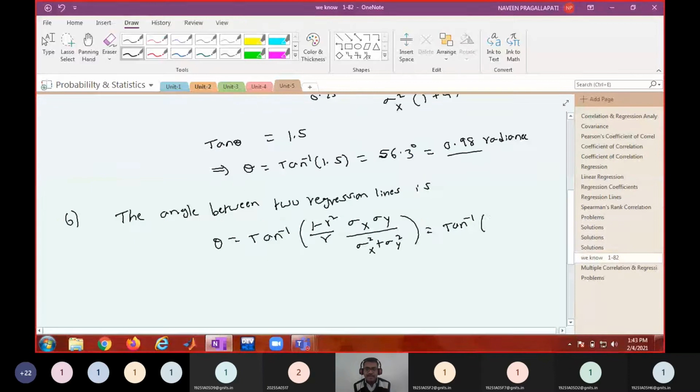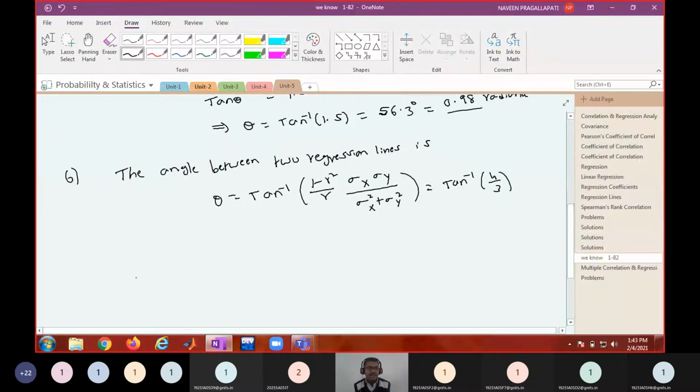Now it is given that sigma x equal to sigma y equal to sigma. Therefore, theta equals tan inverse of (1 minus r square by r) into, I can replace both sigma x and sigma y with sigma, so sigma square by 2 sigma square, or sigma square plus sigma square.